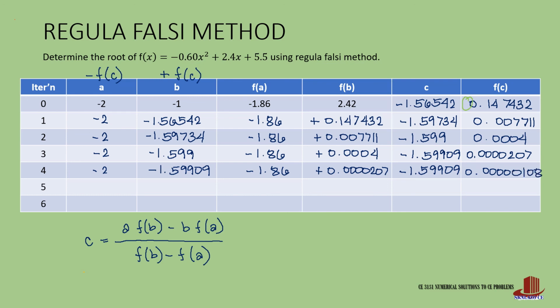Note that we are not changing our value for c anymore, and our f of c has almost taken the 6th decimal into 0. So we can say that our value for x is taken in this method as negative 1.59909. The discrepancy from the root of x taken with bisection method is probably the rounding off of our decimal values.